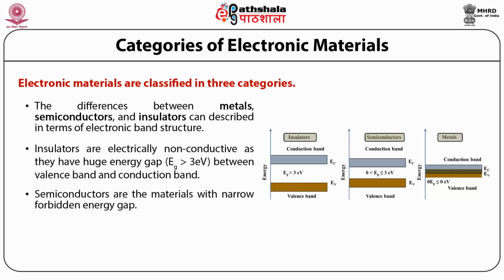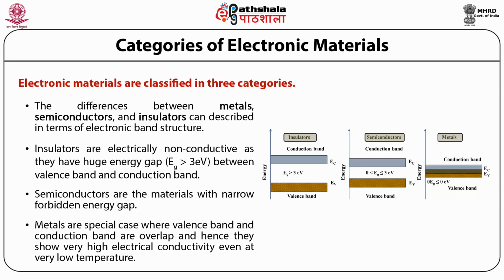These electrons in the conduction band, with huge unoccupied energy states in the vicinity, can contribute to the flow of electrical current. Metals are the special case where valence band and conduction band overlap, and hence they show very high electrical conductivity even at a very low temperature.